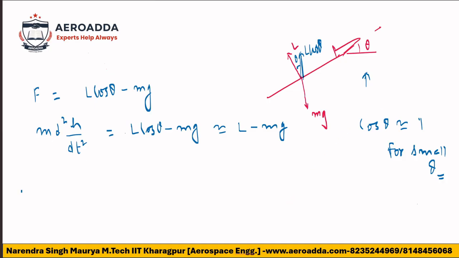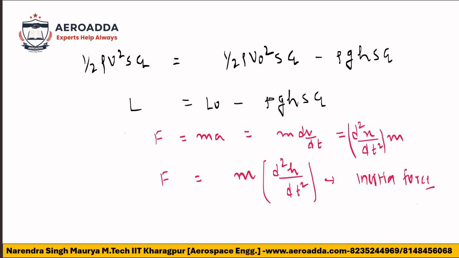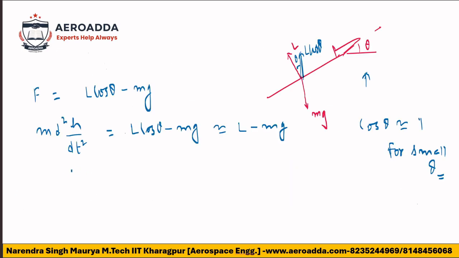Now the problem is almost sorted here. You have already calculated L. Check in the problem, L is nothing but L naught rho g H Cl. In this format you can write. What will be the value ultimately? Check, you can write this formula here. Next, M d square H by dt square.